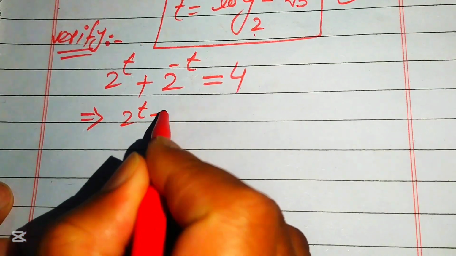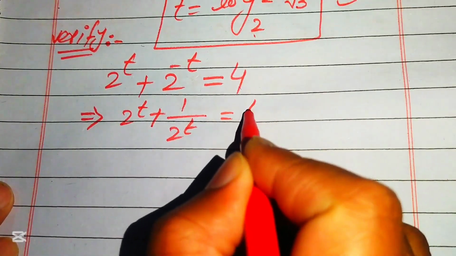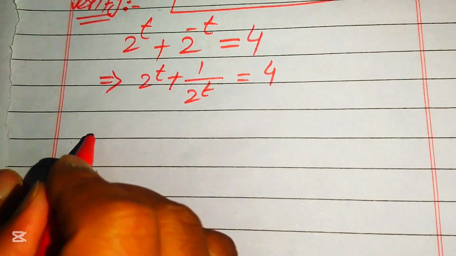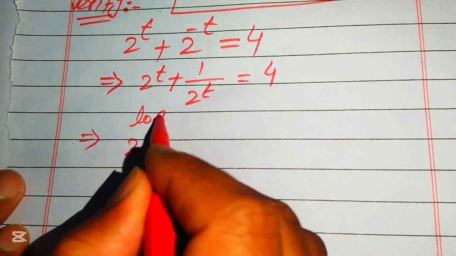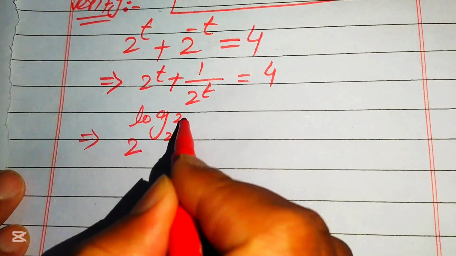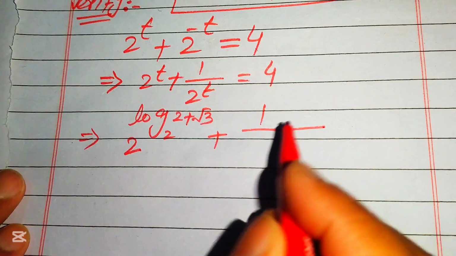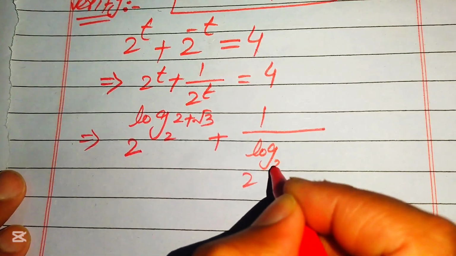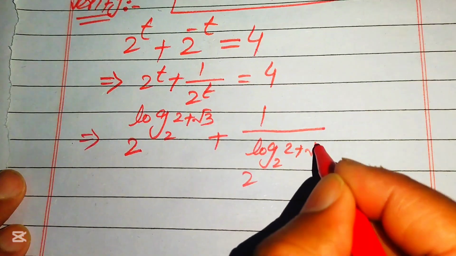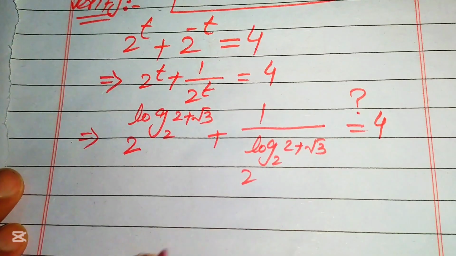Okay, first we make one step here. We write this term as 2 to the power of t plus 1 over 2 to the power of t equals 4, and here we substitute the value of t. So the value of t is log with base 2 of 2 plus square root of 3, plus this will be written as 1 over 2 to the power of log with base 2 of 2 plus square root of 3, and this equals 4 or not, we will check this.